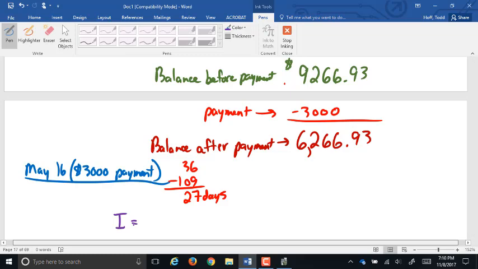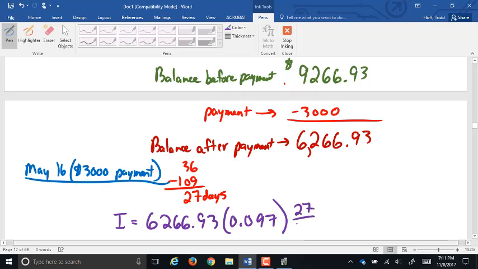You got a question? You got to figure it out? Okay. So then our balance that we're going to use as our principal, use the $6,266.93 times 0.097 times 27 over 360.